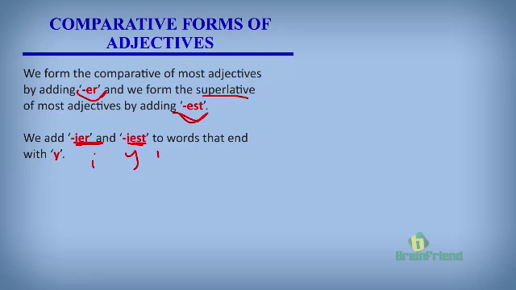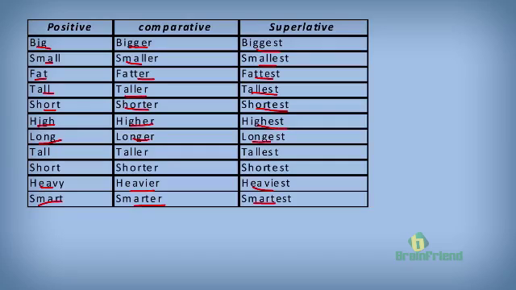We do this for words that end with Y, which is why we have this word heavy. You can see the Y. And when we want to put it in the comparative form, we now have I. Y has been changed to I, and then you add ER. The same thing goes for the superlative form. Very easy. Take note of words that end with Y, or adjectives that end with Y.